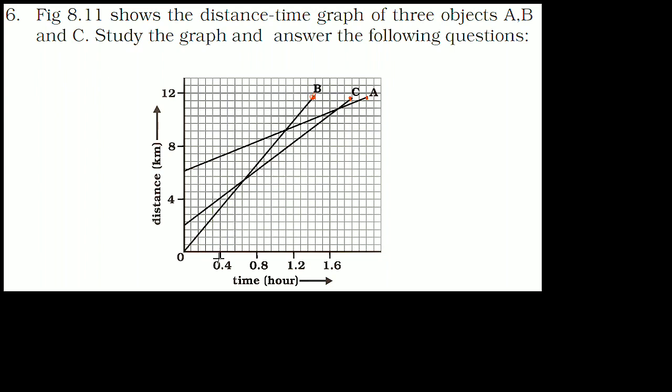Now look here, this is the slope of this B curve. Consider this θ1. To find the slope of the line C, we first have to draw a base here. If I draw that, this is going to be θ2. θ1, θ2 and θ3 represent the angle that the line makes with the base.